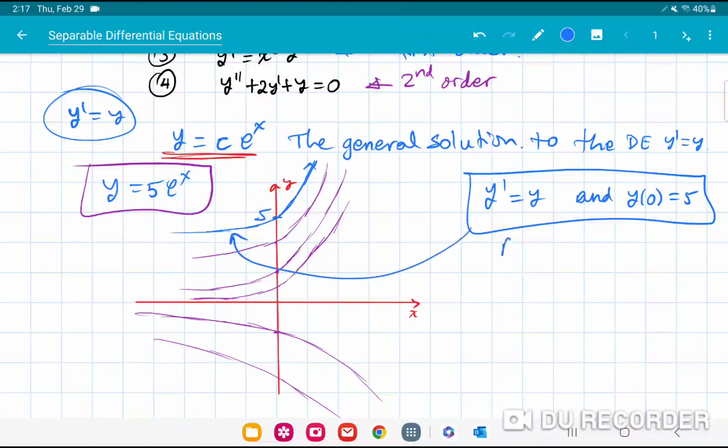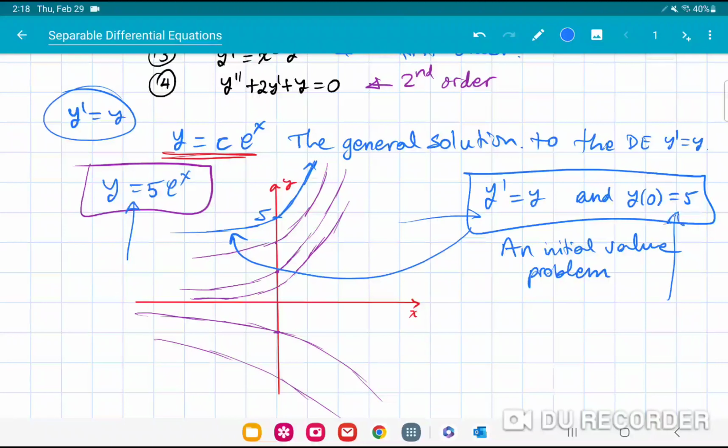This one is called an initial value problem. We don't usually call it a differential equation problem. We call it an initial value problem, which means it's a differential equation with some initial value given. Okay, so that nails down that particular solution that solves this differential equation with this condition here.